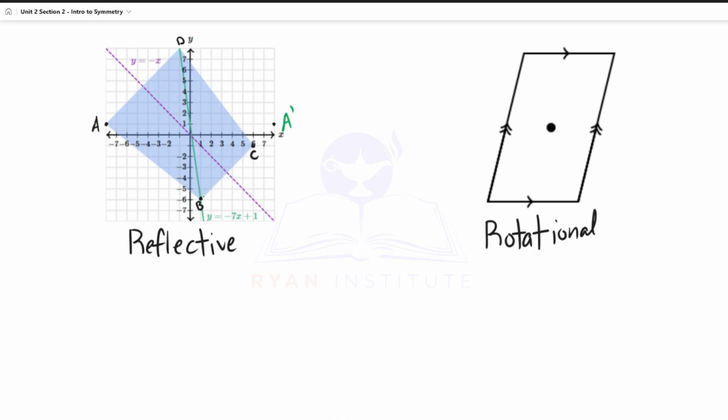B is now going, because B and D are on the line of symmetry, they are going to stay the same. So we'll overwrite that. B prime. Make this D prime. And then all that's left is C prime. So it looks like it's 6. And we go across here. This is going to be your C prime. And then we are going to match like so.